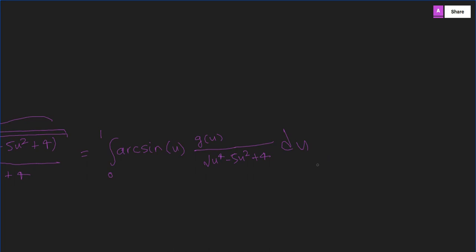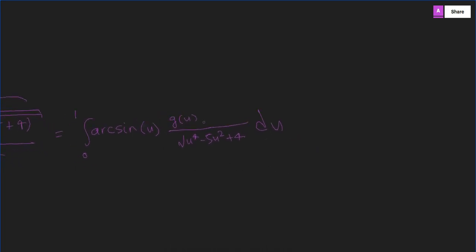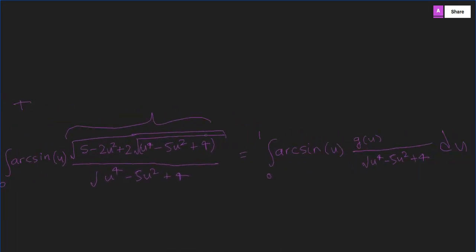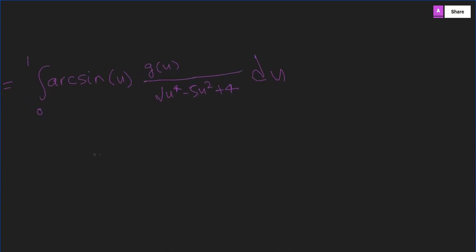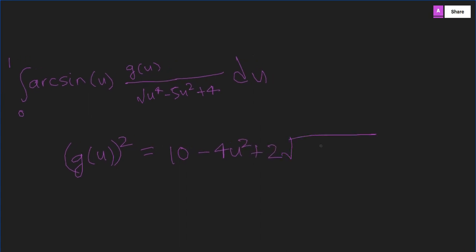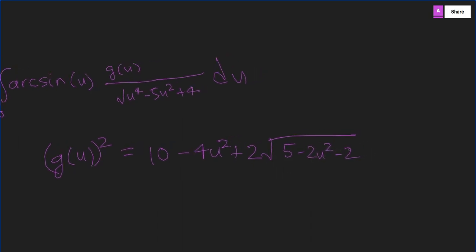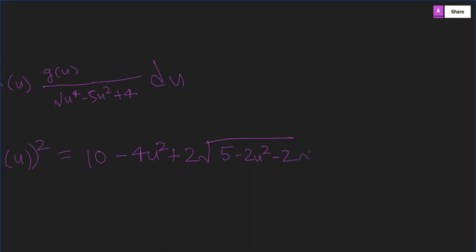All you have to do is square g of u. So g of u is going to be the sum of these two. What's interesting is that if we square g of u, it's easy to simplify. So g of u squared is equal to 10 minus 4u squared plus 2 root 5 minus 2u squared minus 2 root u to the power 4 minus 5u squared plus 4.